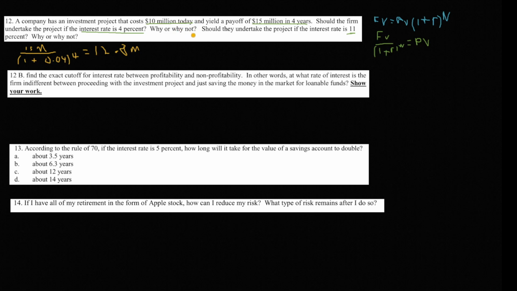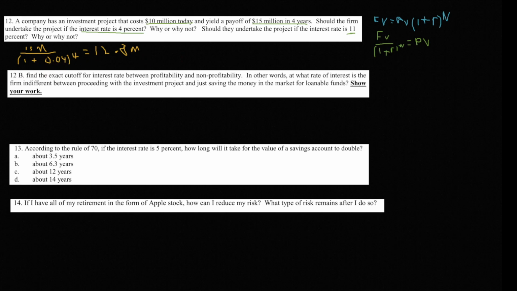Because if the bank said, hey, you only have a 4% interest rate, this company will make that investment because it costs $10 million today and they will make $12.8 million in today's money. So the company will do that.